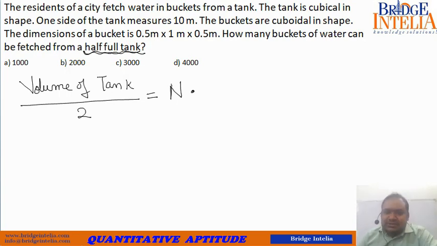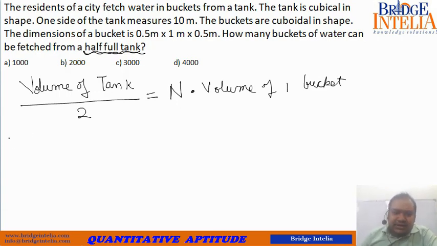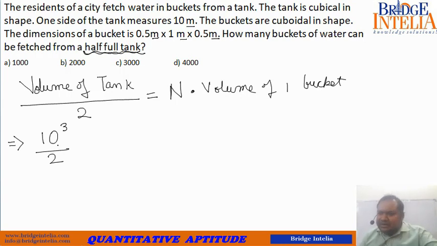So this volume must be equal to the volume of water contained in the buckets ultimately. So volume of tank divided by 2 must be equal to n into volume of one bucket. So this equation must be valid. So now let's solve this. So volume of tank, 10 cube by 2. Since all the dimensions are the same, meter, meter, meter, we need not carry the burden of units.